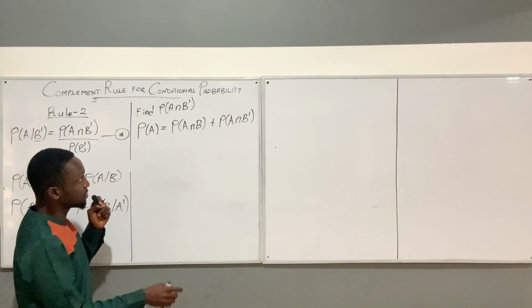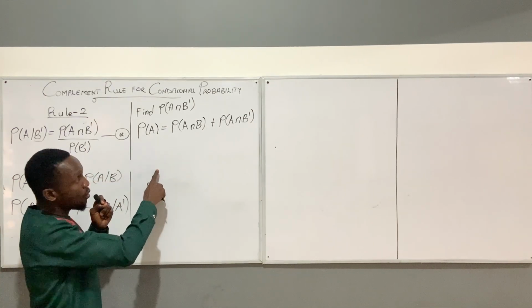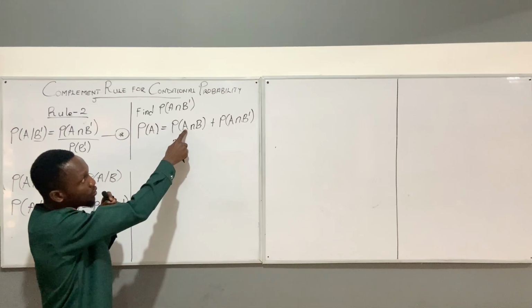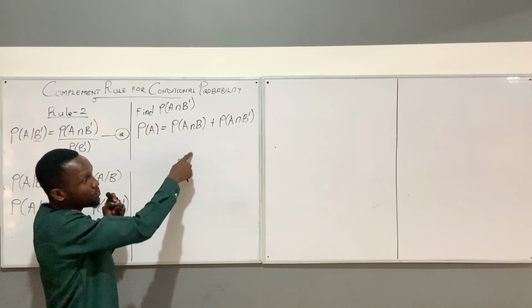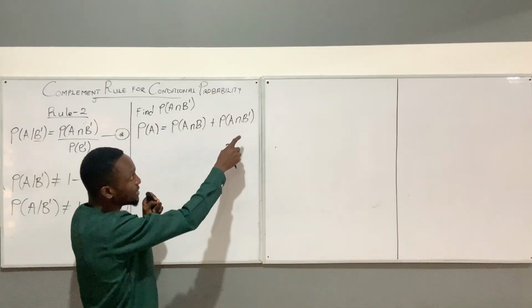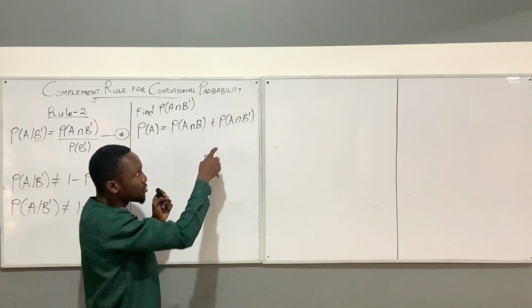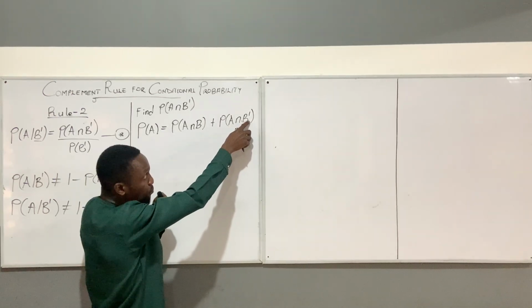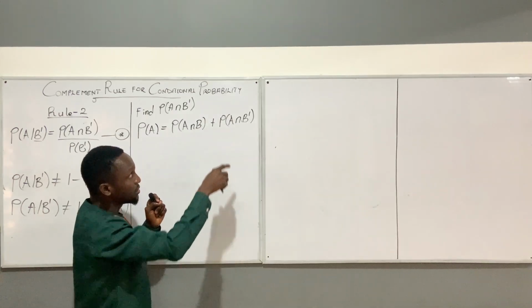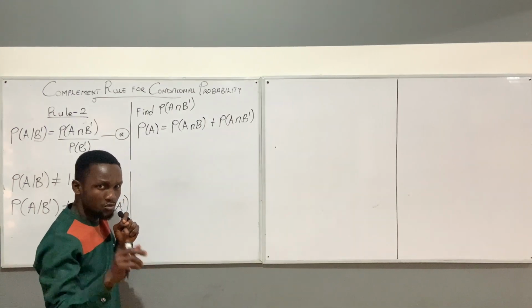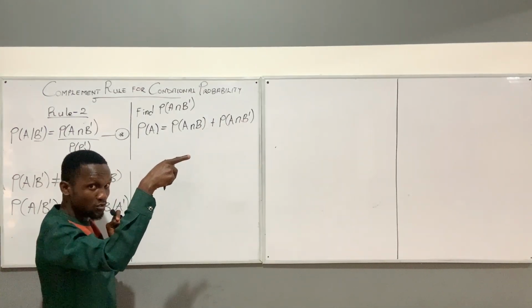What this means is that the probability of A always contains the members of A and B happening together, and the members of A and B complement happening together. Do you understand now? So look at that video, it will help you.